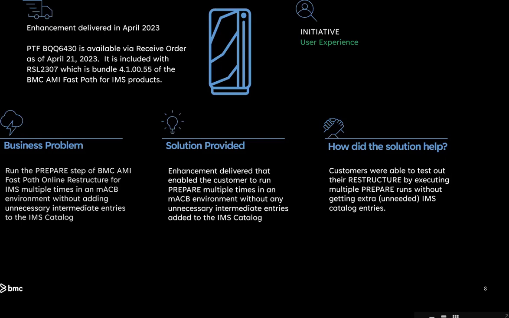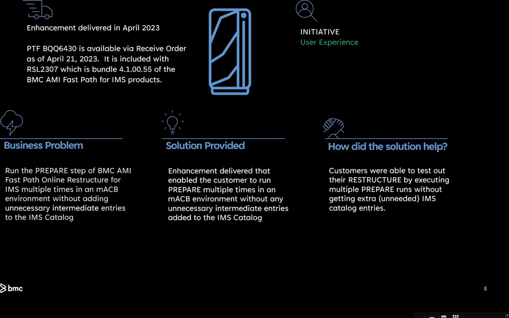So how did our solution help? Customers were able to test out their restructure by executing multiple prepare runs without getting extra unneeded IMS catalog entries, right? So that's what we did. The problem was very specific to this particular BMC product, and we delivered a very specific solution to that, right?